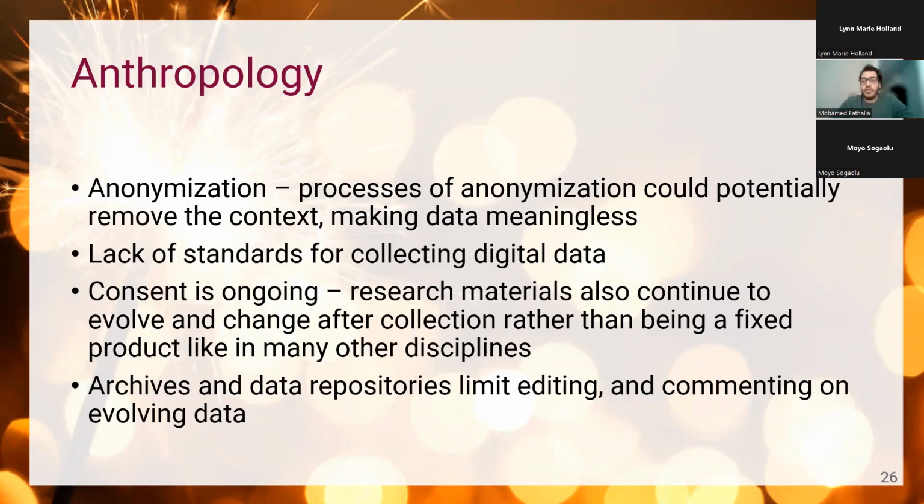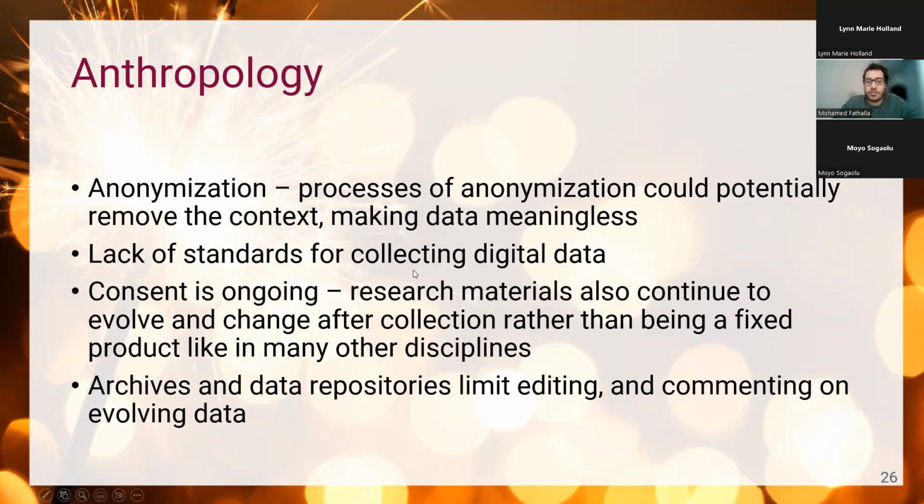The process of anonymization could potentially remove the context, making data meaningless. So sometimes doing anonymization is basically making the data unusable, which leads to either inability to share data or inability to reproduce data.